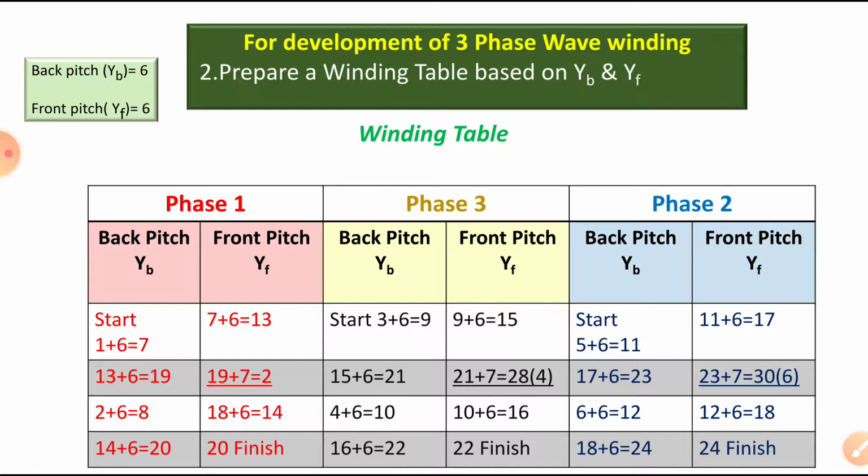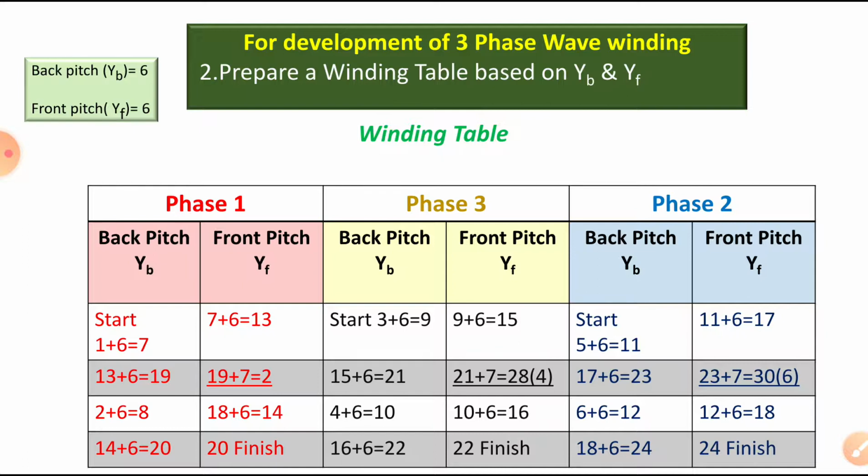So dear students, please listen carefully. This table is very easy, similar to the lap winding, but at the twisting point you have to remember this one key point. After that, you implement as usual the wave winding with the help of the back pitch and front pitch.